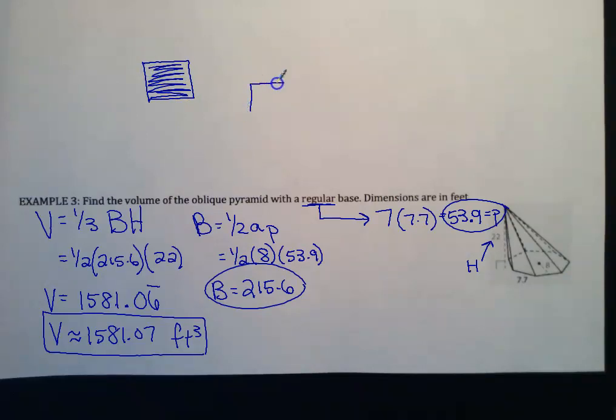If it's a cubic measurement, it literally tells you how many cubes it would take to fill that space. If it's volume, it's always cubic. Area and surface area are always squared. If you just put 1581.07 without the cubed, somebody would think it's just normal area.